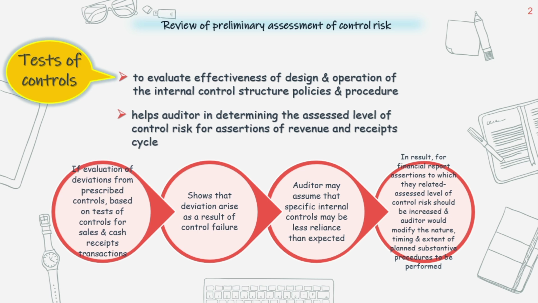For instance, if the evaluation of deviation from the prescribed control based on test of control for transactions involving sales and cash received shows that such deviation arises as a result of a control failure, the auditor may conclude that specific internal control may be less reliable than expected.